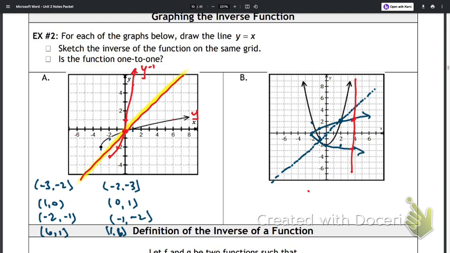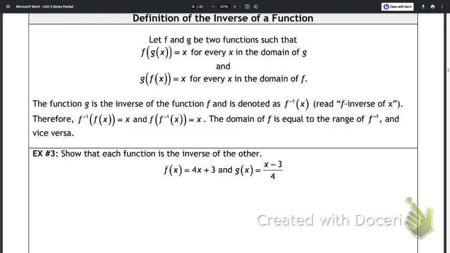All right, algebraically, the way we find that two functions are inverses of each other is by doing a composition, plugging the one function into the x of the other function. And if you get a result of x when you do that, then you know that they're inverses of each other. So that's how we show it algebraically. So this next example is asking me to show that each function is the inverse of the other.